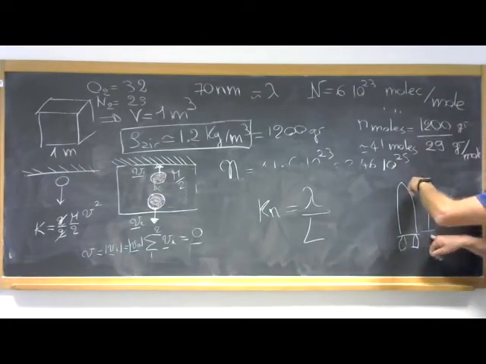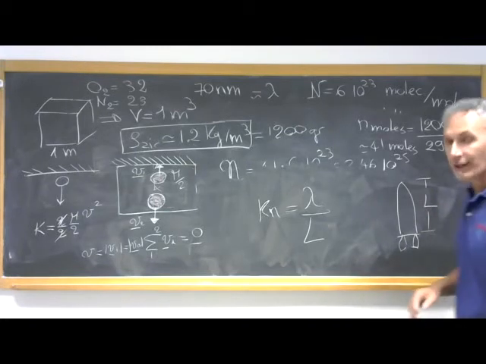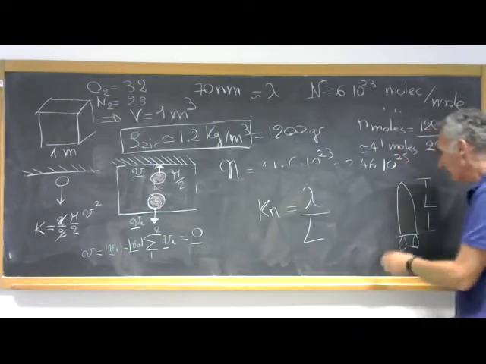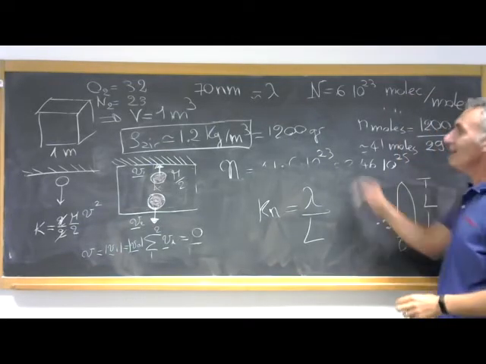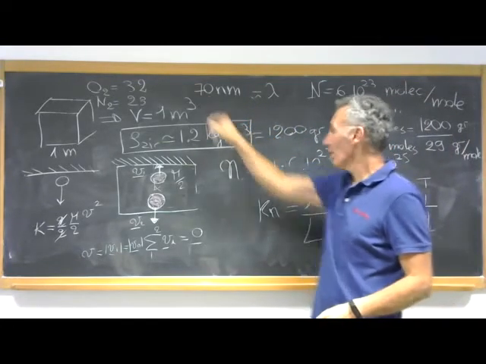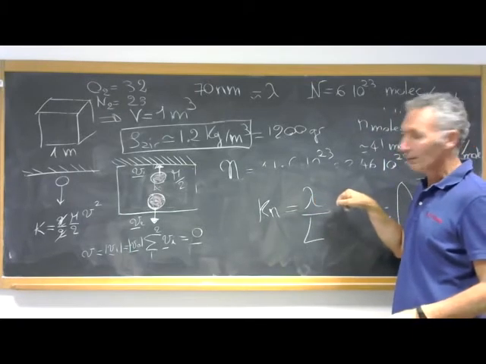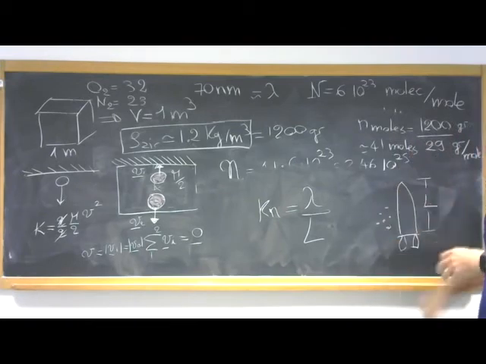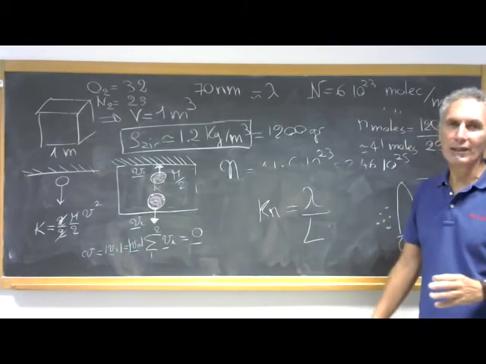But anyway, this is an object whose size is L. When the rocket is lifting off at the ground level, the distance between the molecules, lambda, is just 70 nanometers. So this would be 7 times 10 to the minus 8 meters divided by order of 10, 100 meters. Okay, this Knudsen number is approaching 0.